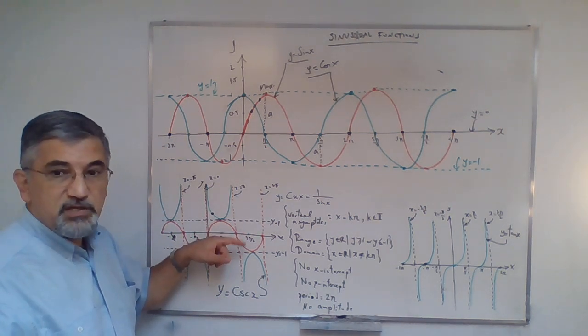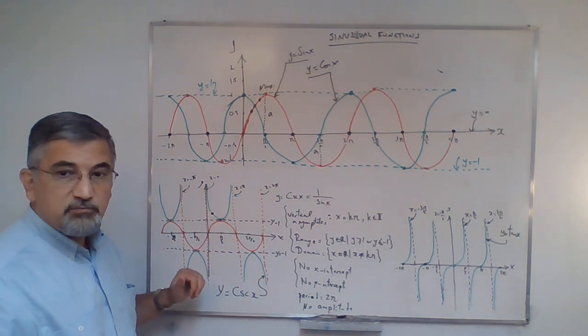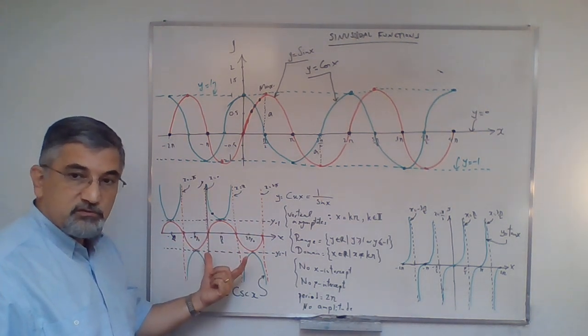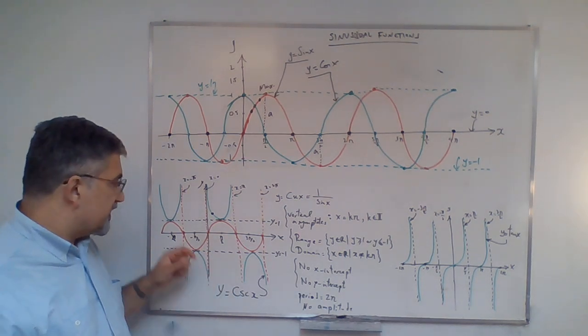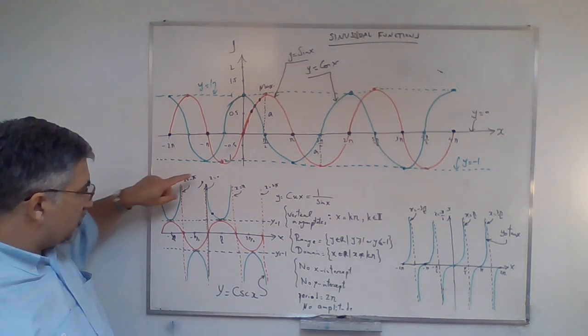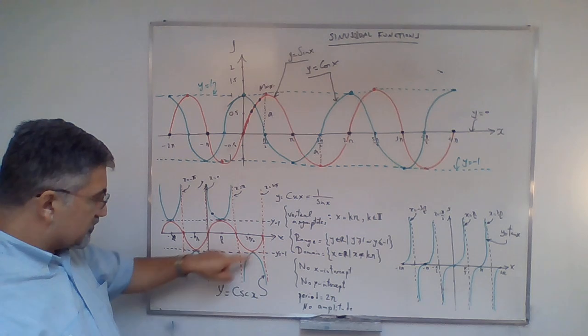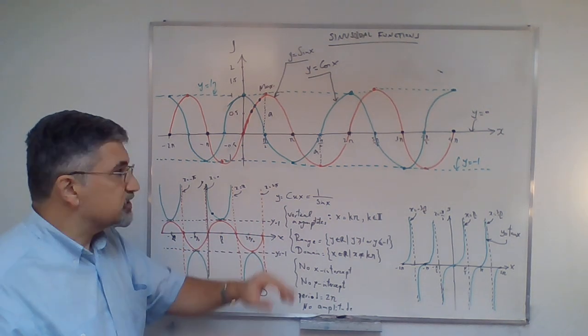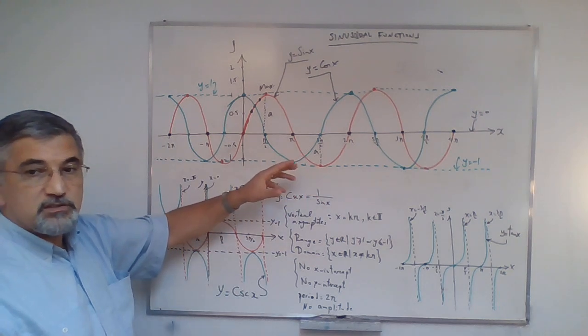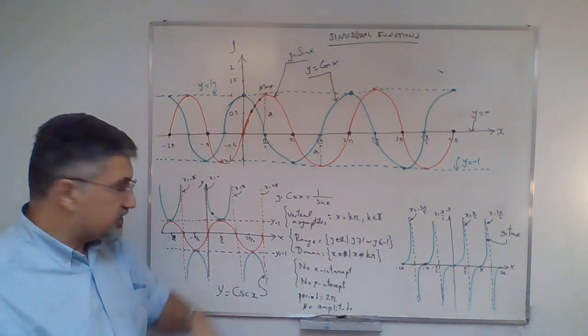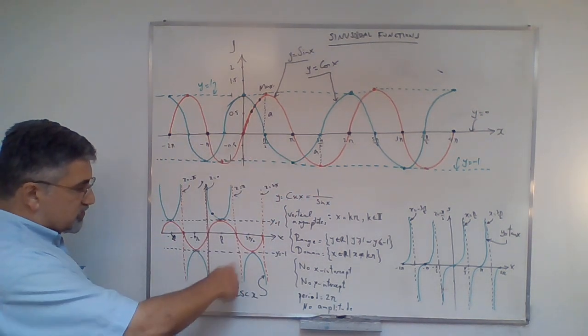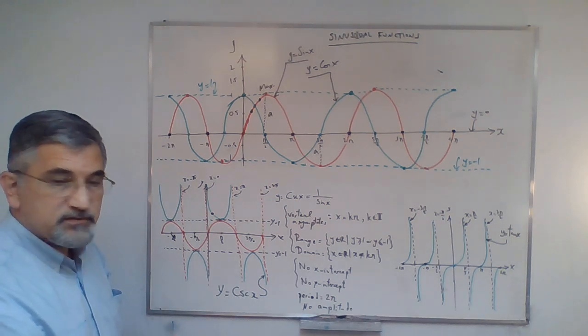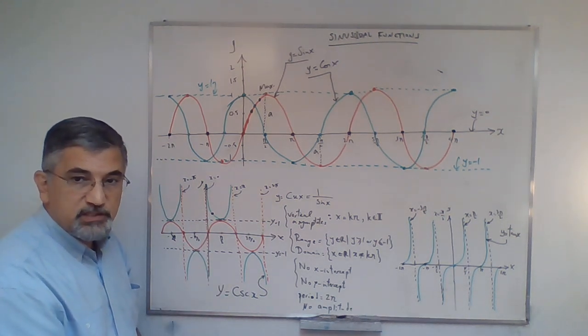They keep repeating their same shape over and over in their own cycles, which is 2 pi. So you see that all these curves, opening up or opening down, keep repeating over and over, just like the sine function was never ending from the left side or right side. So this green part you see represents the graph of the cosecant function.